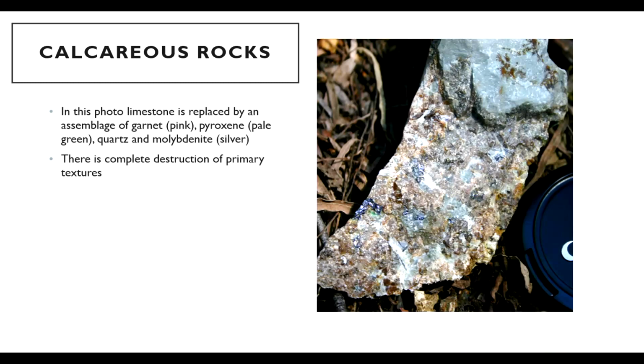Here's an example. We've got some garnet. It's very pale pink, a bit hard to see here. We've got moly, so there's our ore mineral, and this pale green here is a pyroxene known as diopside. So it can have quite a spectacular effect on the alteration of these rocks, or in this case potentially even the ore minerals.